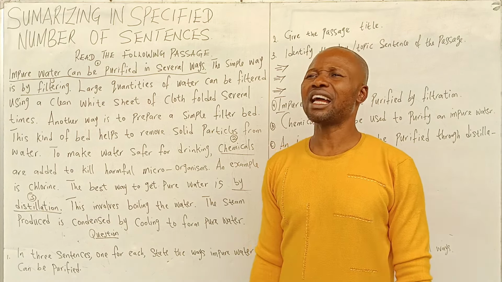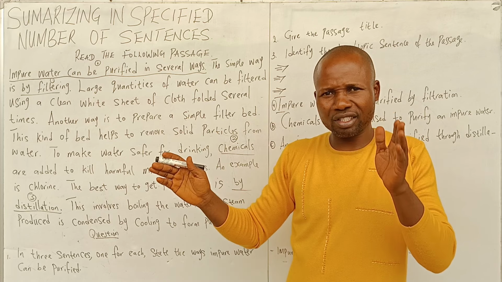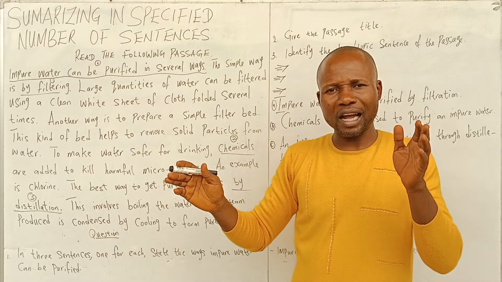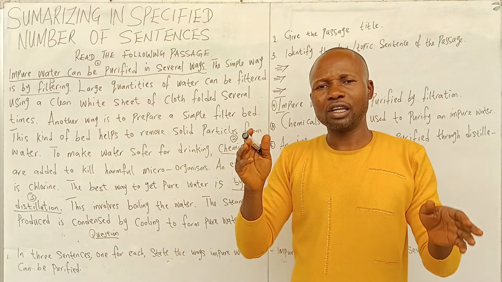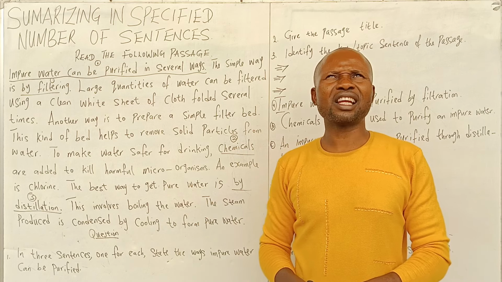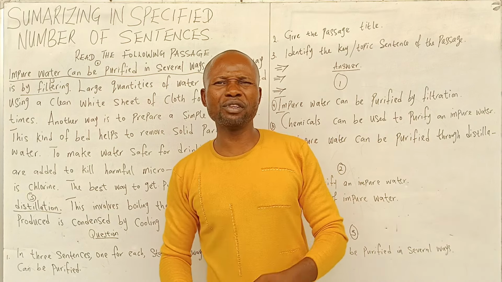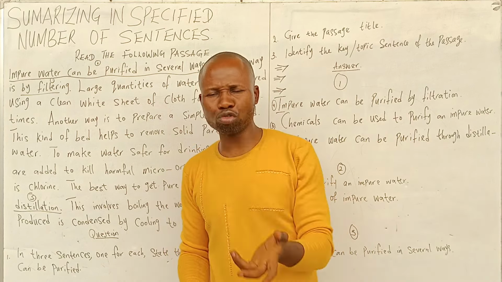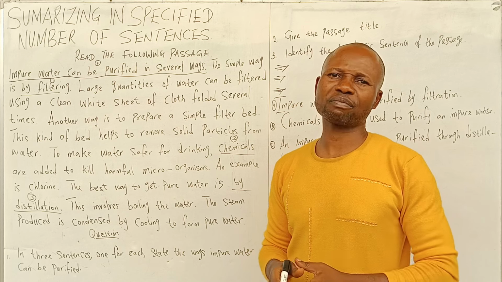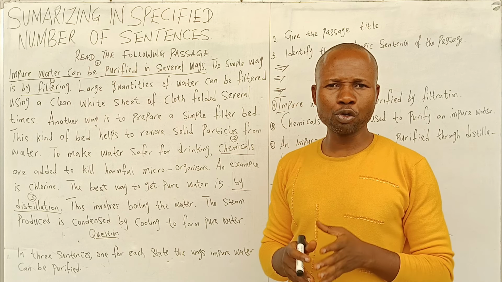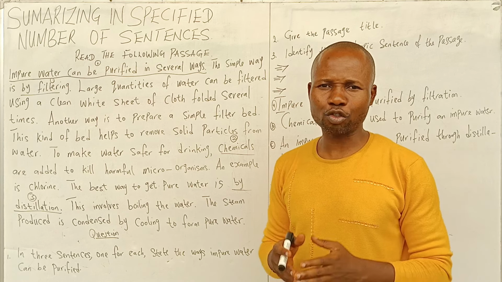So this is what I will call tricks of identification of a topic sentence. But out of 10 passages, maybe one or two, the topic sentence may be in the middle or after the first sentence in a paragraph, but it's rare. Only on rare occasions will you find it that way.